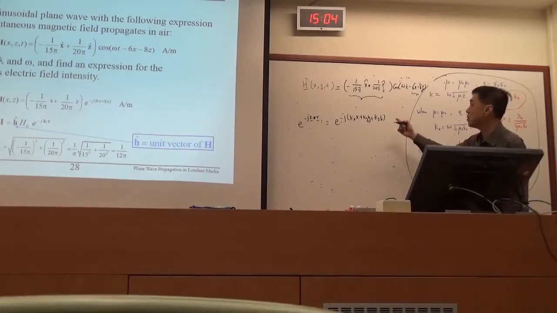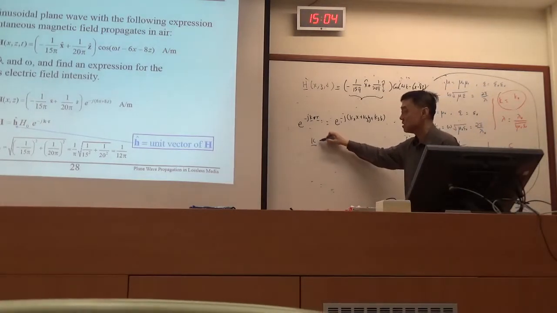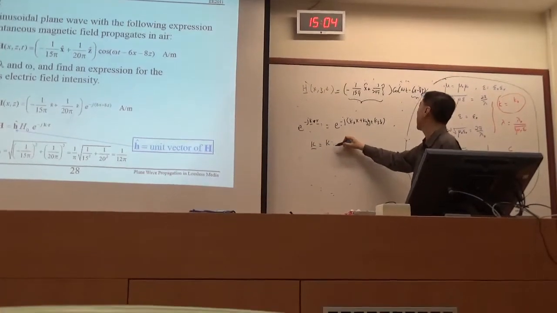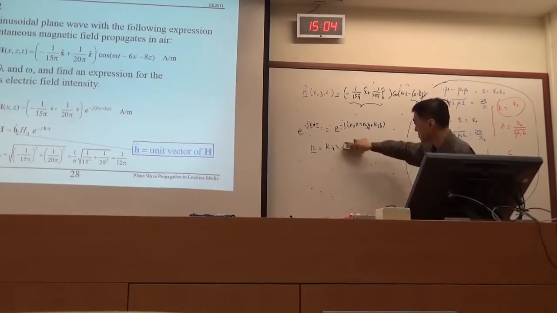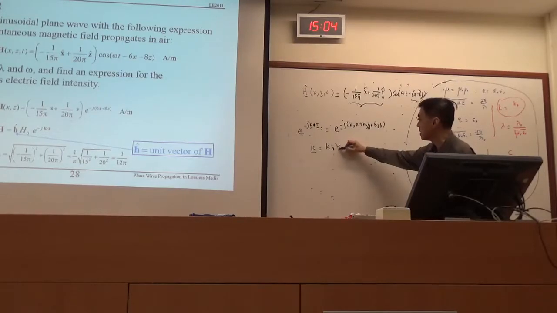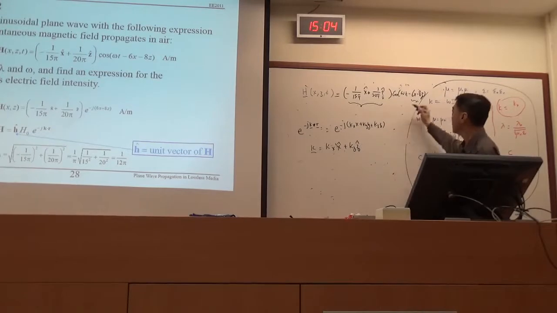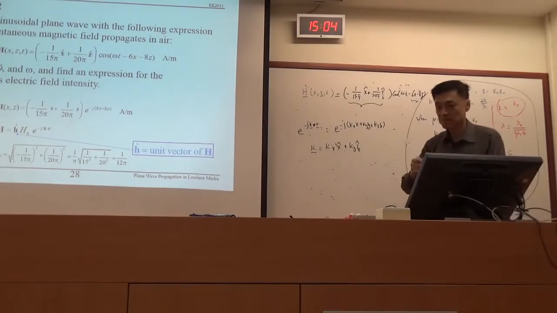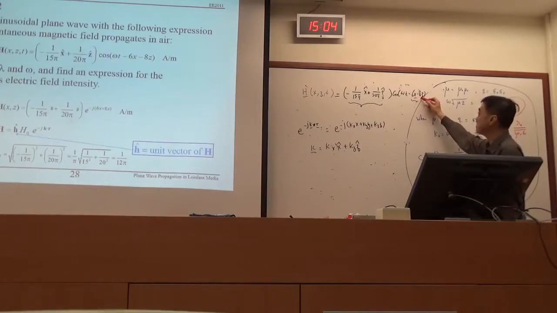So what this means is that now I have my kx x, I have my kz z, because I have x here, I have z here.